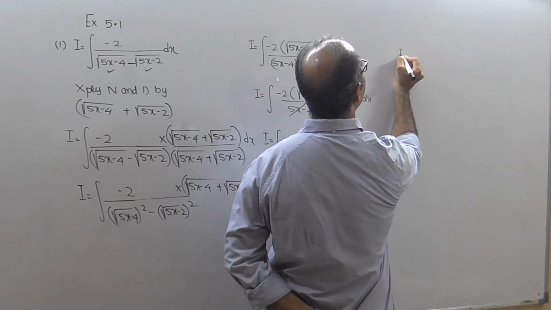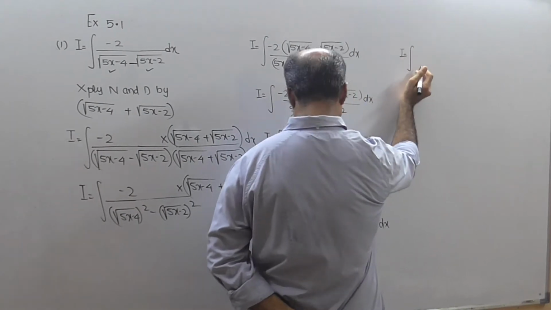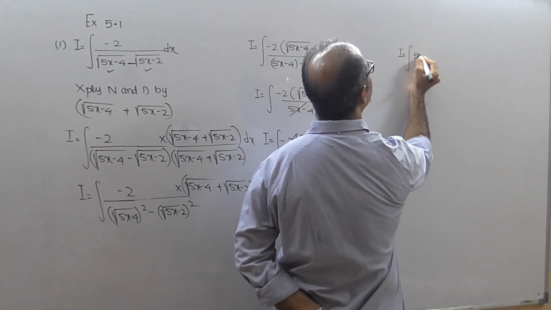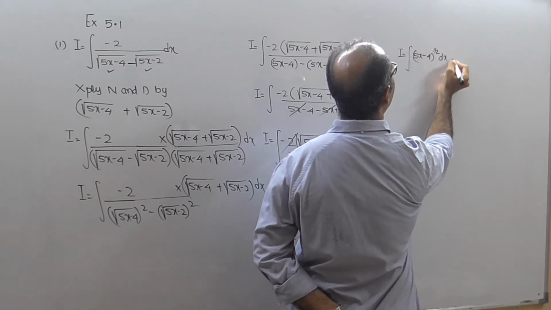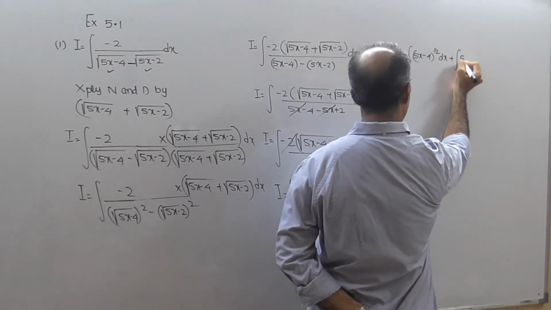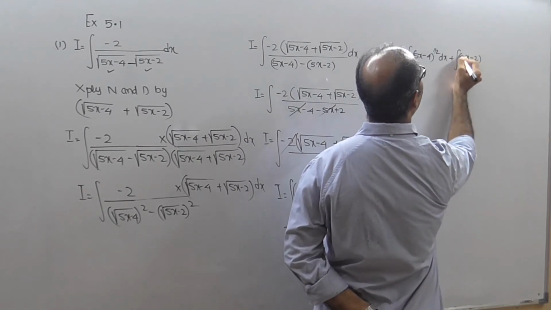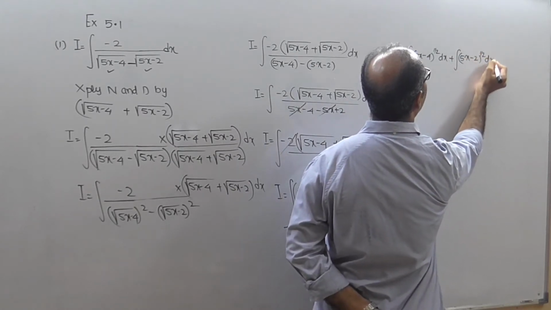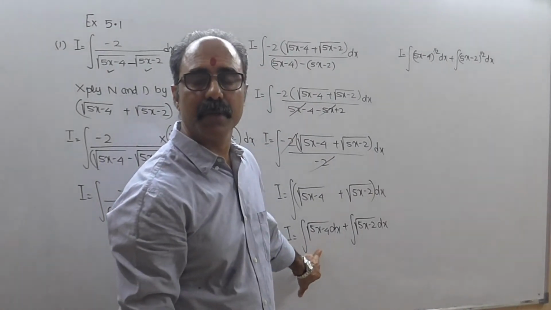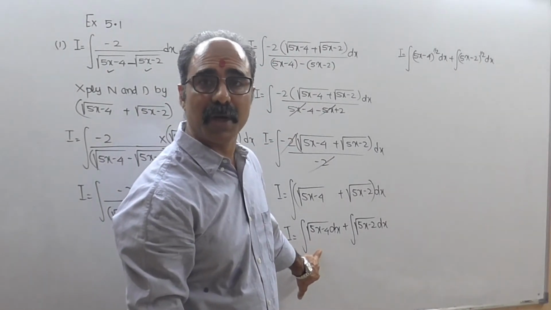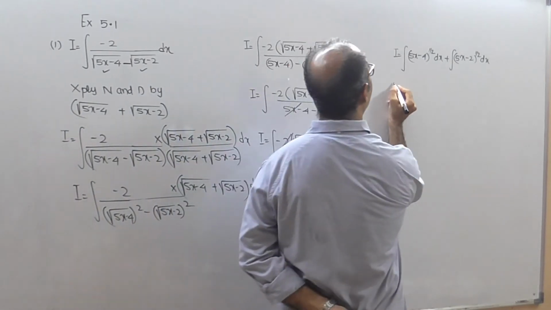See, there is no integration for square root in integration. So what we can do is we can write this as (5x minus 4) raised to half dx plus integration (5x minus 2) raised to half dx. There is no integration for root, so what you can do is give it as raised to half. Now this will become a power function.